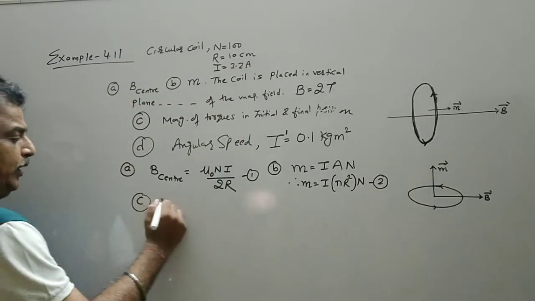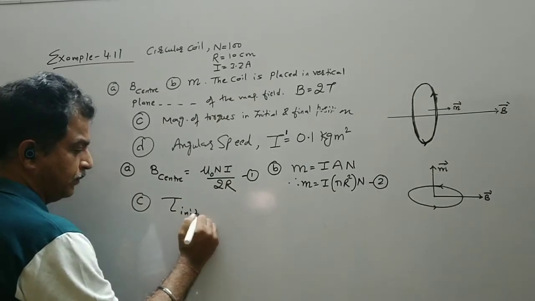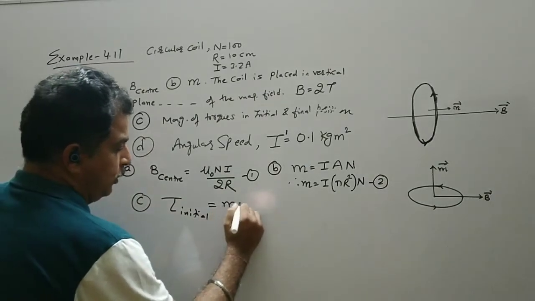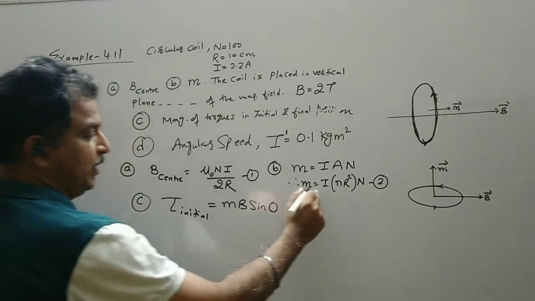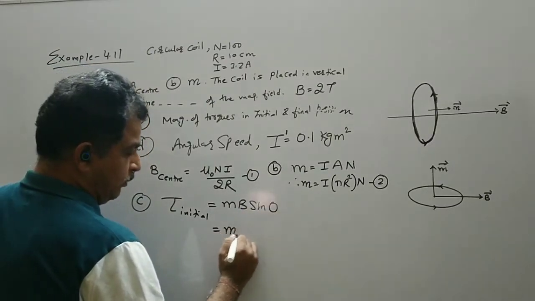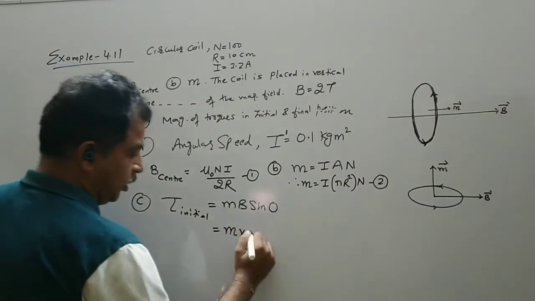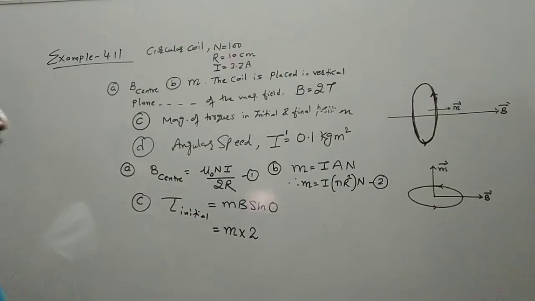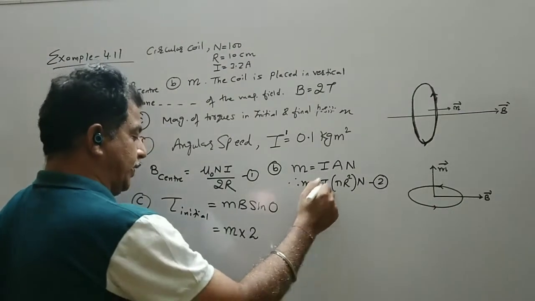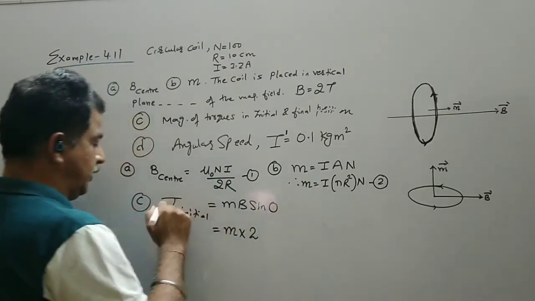So tau initial is equal to MB sine 0 degrees. M is found here, multiplied by the 2 Tesla that is given, so that is 2M. Whatever value you get here, you substitute this. That is the first part.